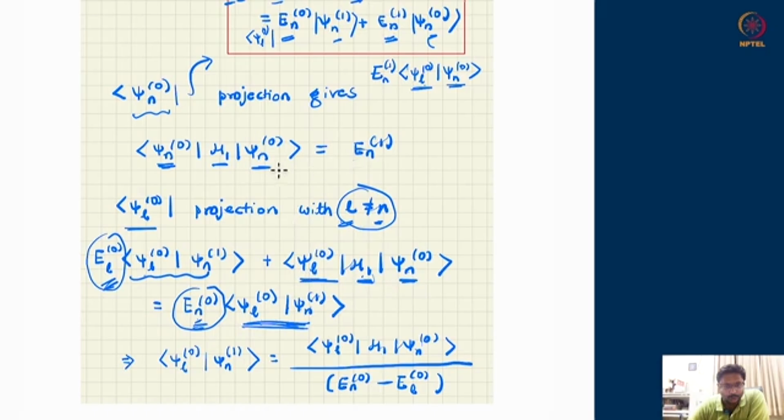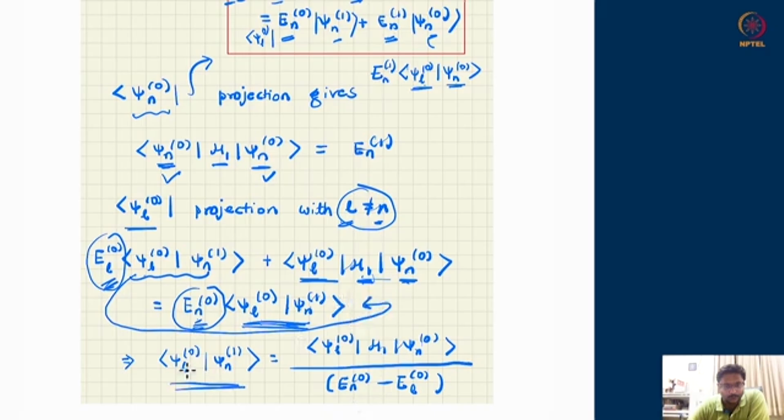In the first order correction, it is squeezed between the same eigenfunctions from left and right. When I take the projection with respect to psi L0, the term gets squeezed between two different eigenfunctions, psi n0, psi L0. So what I can do is take this left hand side term and bring it to the right such that I will get En0 minus EL0 as a common factor for this inner product, and therefore this inner product, which is psi L0 psi n1, will be this much.